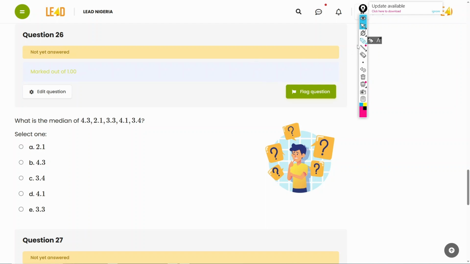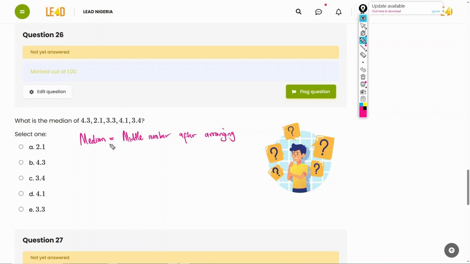What's the median of this set of numbers? So to find the median, you have to take the middle number after arranging. So let's arrange first.